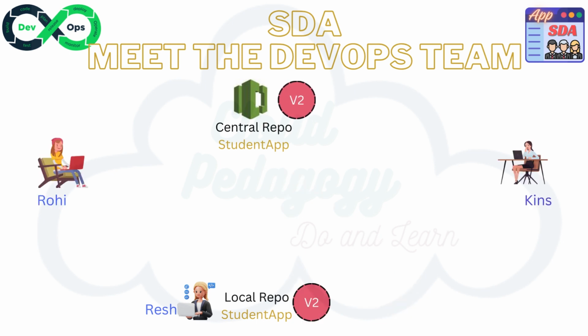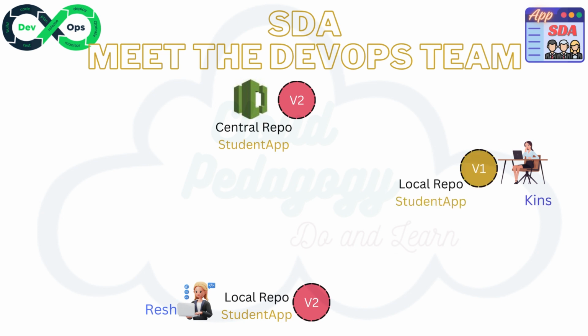Well, that's great, but now the rest of our team needs to get in sync with what's going on at the central repository, right? Let's say the other developer, Kins, comes into work on Tuesday. And let's say Kins has already cloned the repository. She already has version 1 down here at her local repository. But there is now a version 2.